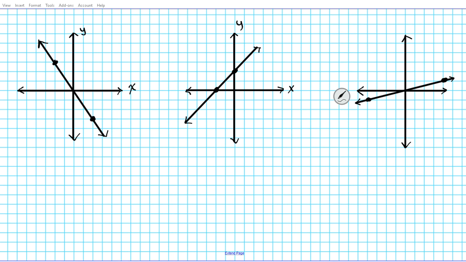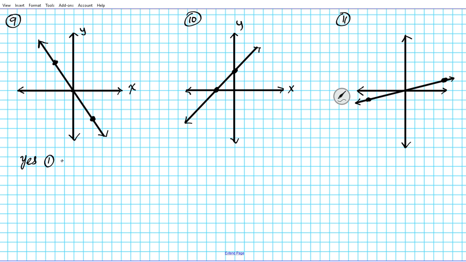Alrighty, let's take a look at questions 9 to 11. These ones are in graphical representation, and we are going to determine if they are direct variations or not. If they are direct variations, then we will state why and find the constant of variation. Let's take a look at number 9 first. Is this a direct variation? Yes, because remember the two things we talked about before?